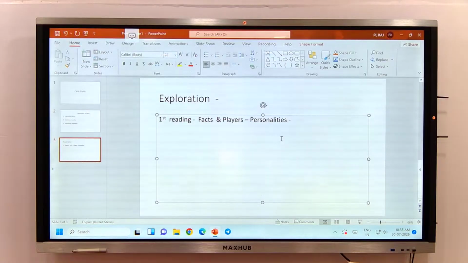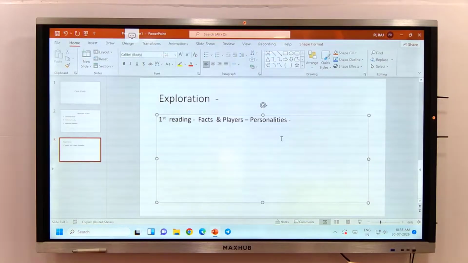So these are all the personalities and the apparent facts of the case. Apparent facts means administrative failure, maybe an act of maladministration, an act of corruption, an act of favoritism. That is the apparent failure of the case.